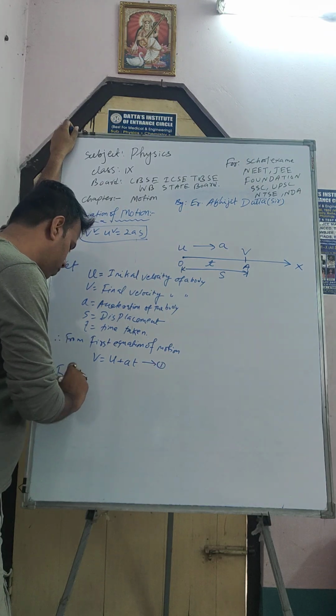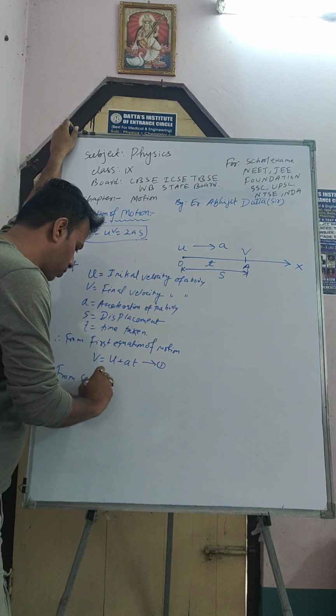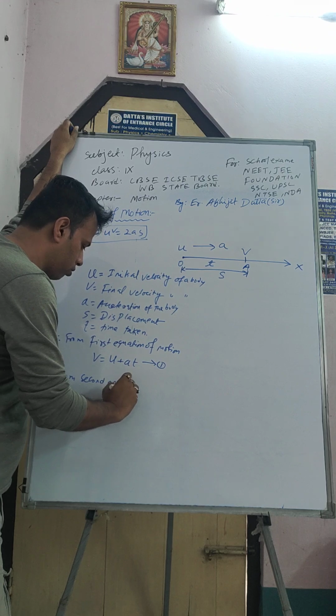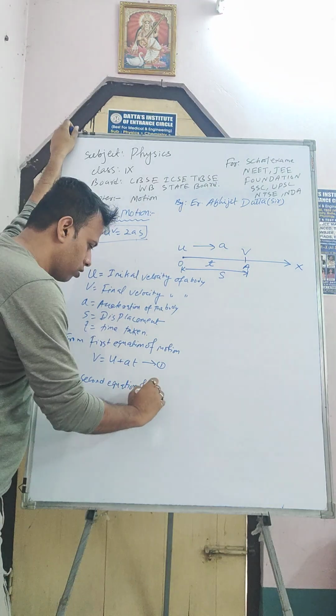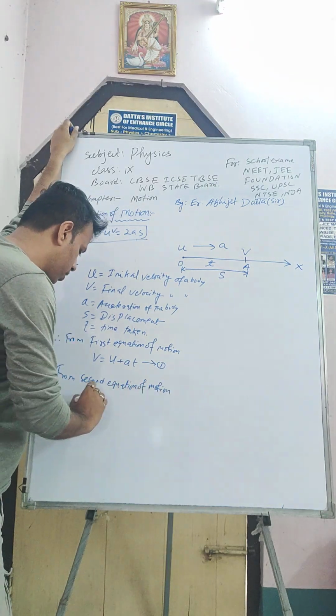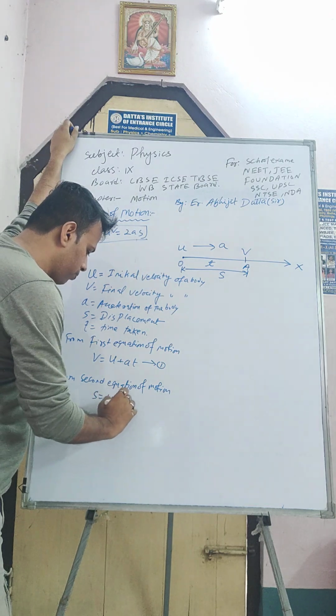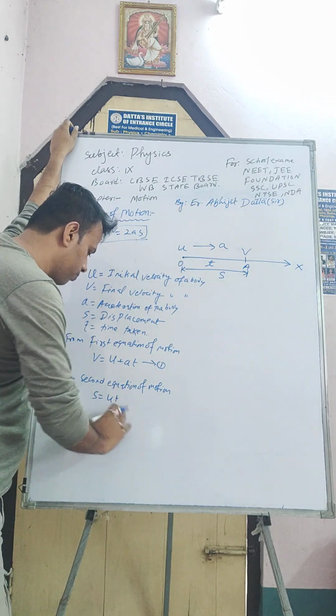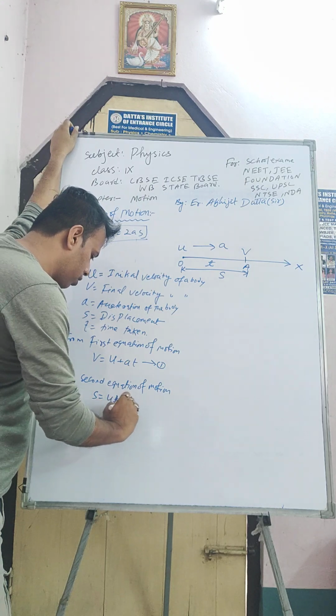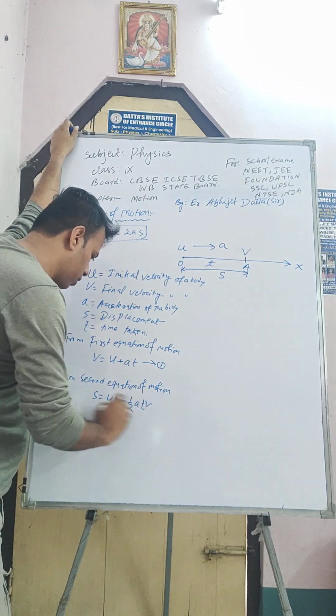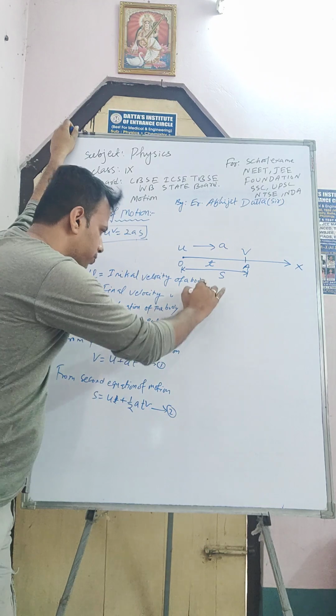And from the second equation of motion, what can we say? s is equal to ut plus half at square. This one is the second equation of motion.